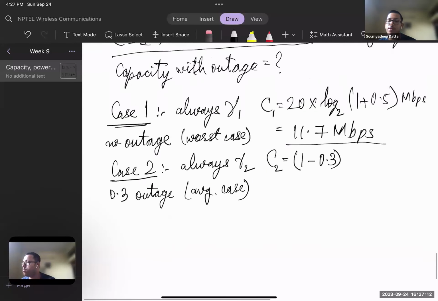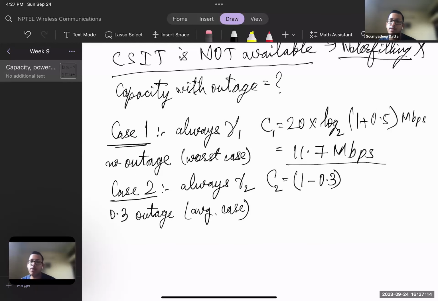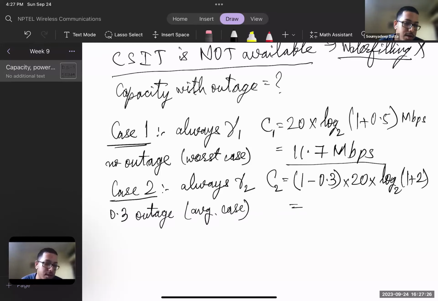So 30% of the time your capacity is 0. The rest 70% of the time your capacity is again B times log of 1 plus gamma 2, which is 2. So this comes out to be how much? Will somebody calculate and tell me?